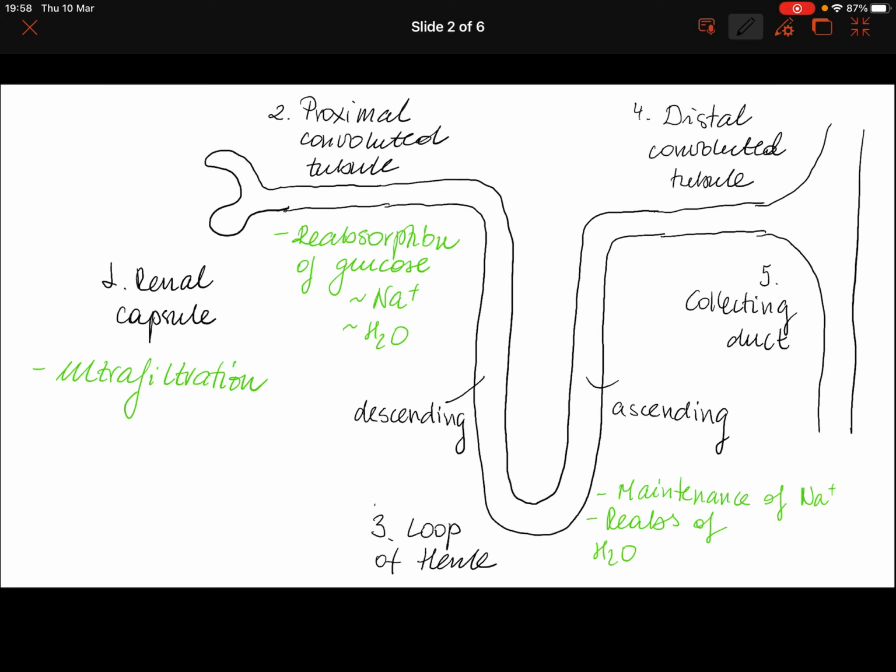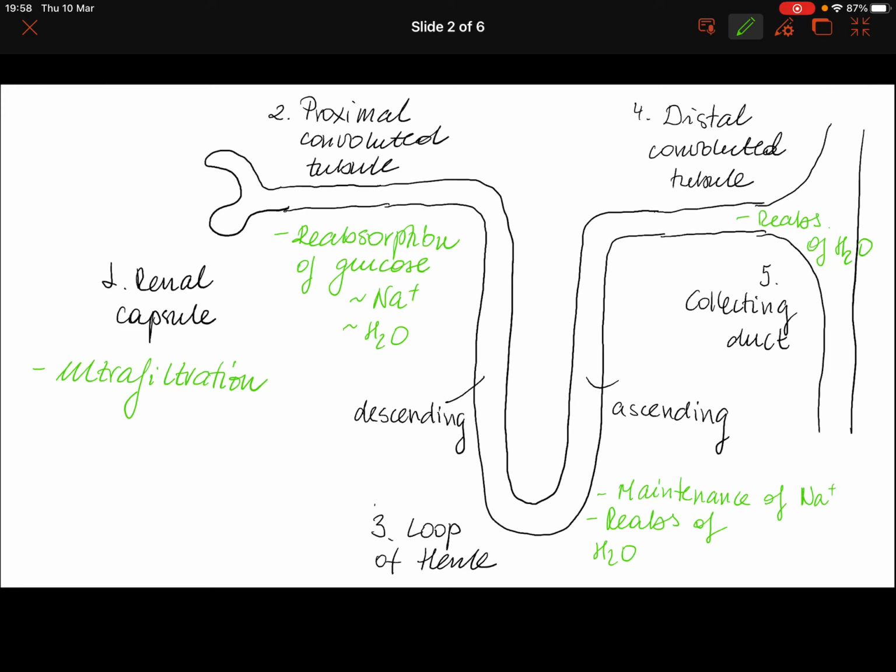Both of those sections, fourth and fifth on the diagram, are involved in the reabsorption of water.